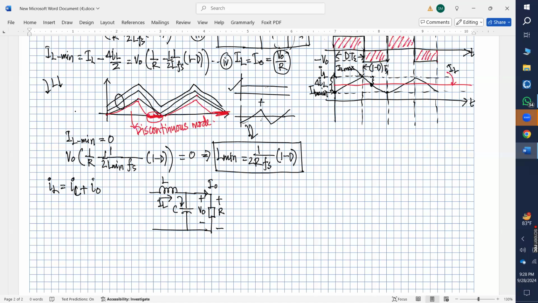So del IL equals del IC plus del I naught, but practically this current is constant. So whatever change in the inductor current, that current should go through the capacitor, right? Yes, sir. Is there any question?